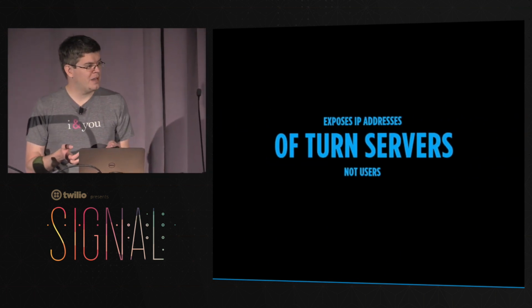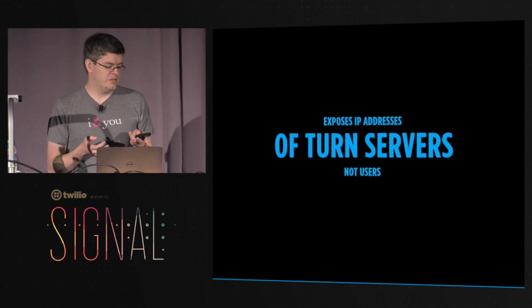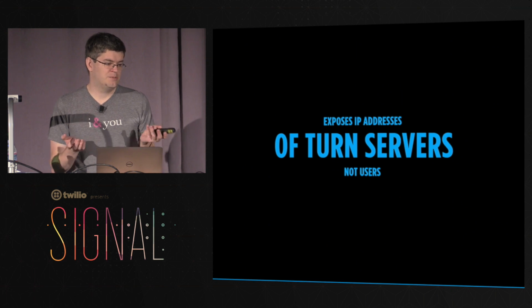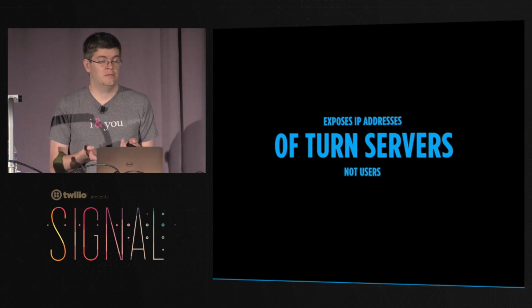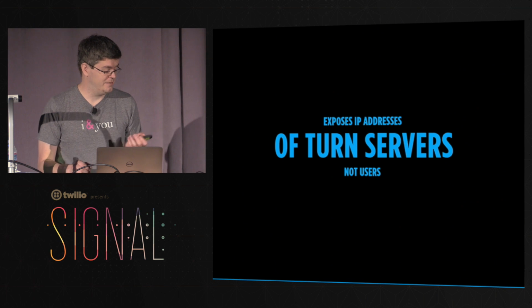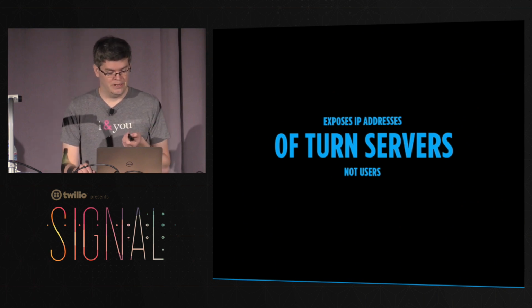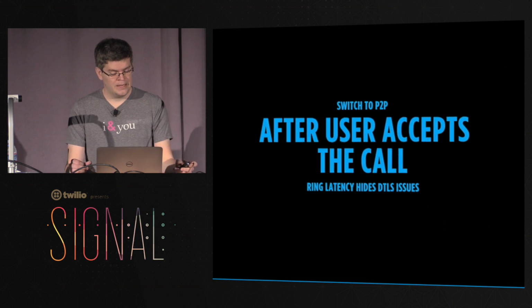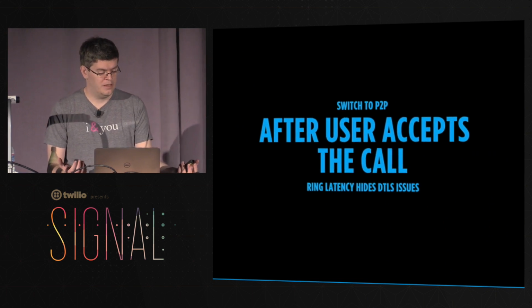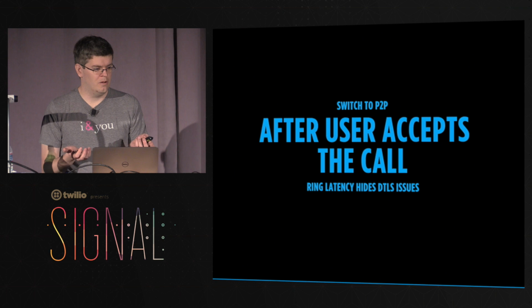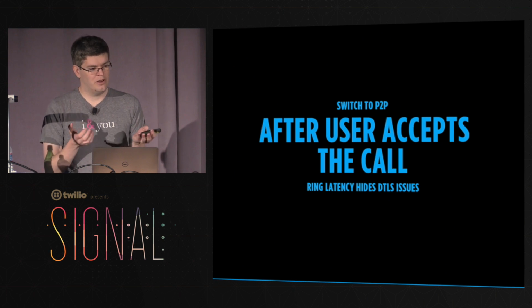So if we combine that with the relay-first mechanism, then we're exposing the IP addresses of TURN servers. Well, who cares about that? They run in the cloud somewhere, and it's not the IP addresses of users. And then we can switch to peer-to-peer after the user accepts the call. So if you want to talk to someone, then you have to give them your IP address.